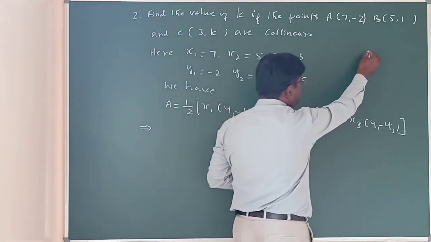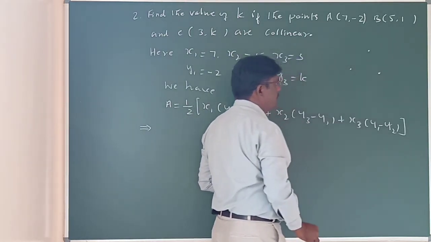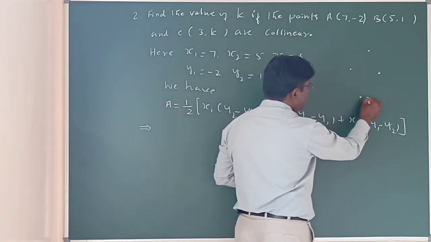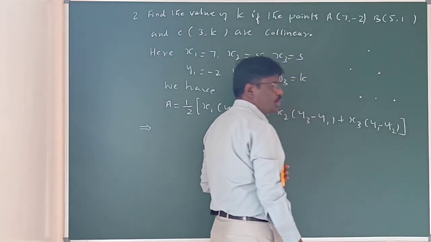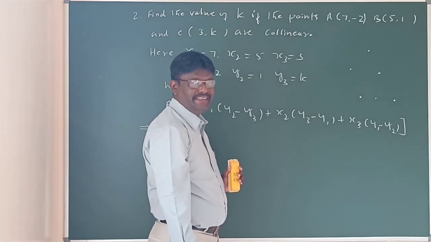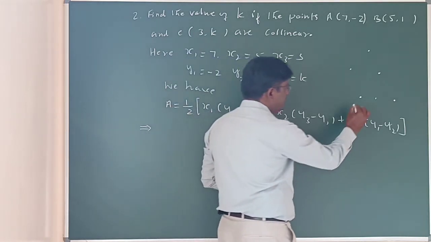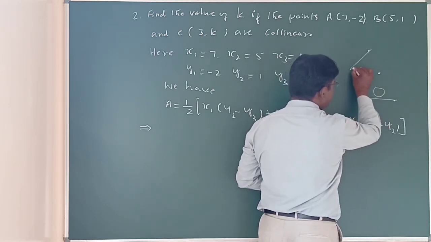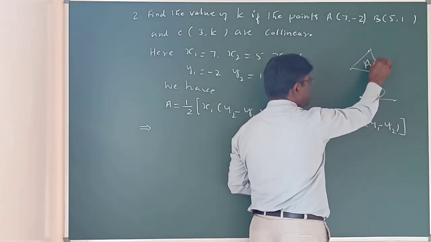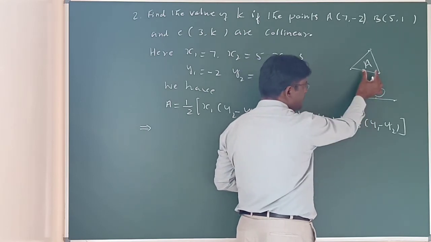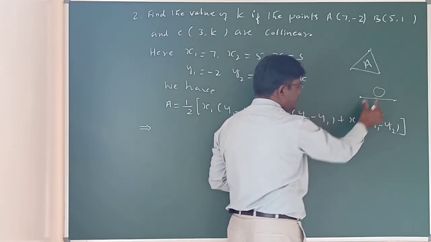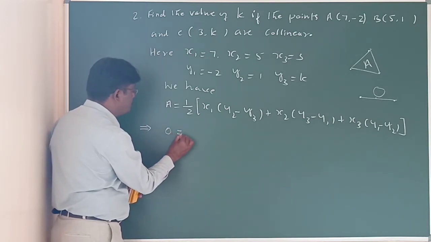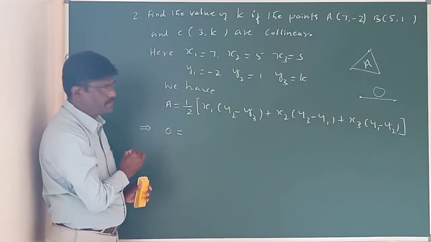Whenever 3 points are non-collinear, of course we get a triangle. But if they are collinear, co means same, linear, lying on the same line, the area becomes 0. When they are non-collinear, we have area. Since here we have collinear points, the area becomes 0 square units. I hope you got it.